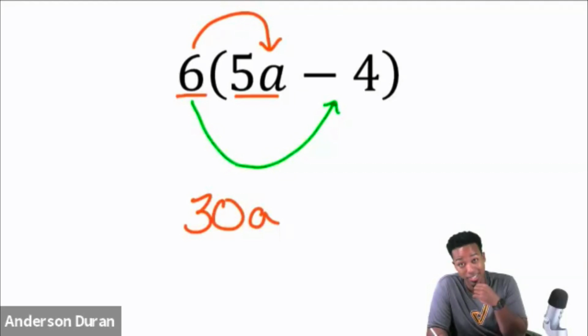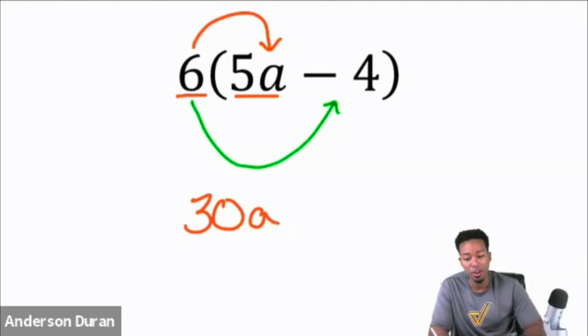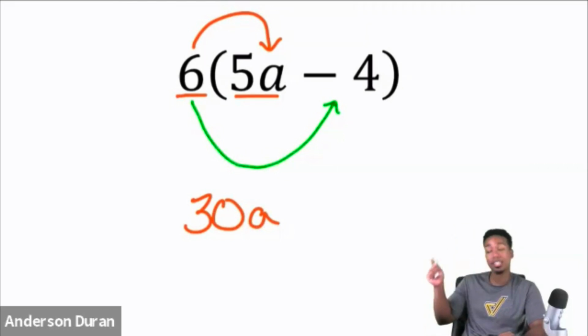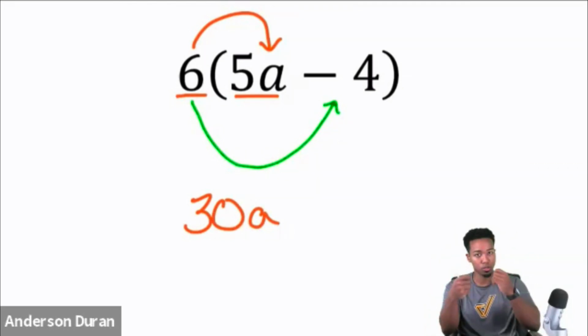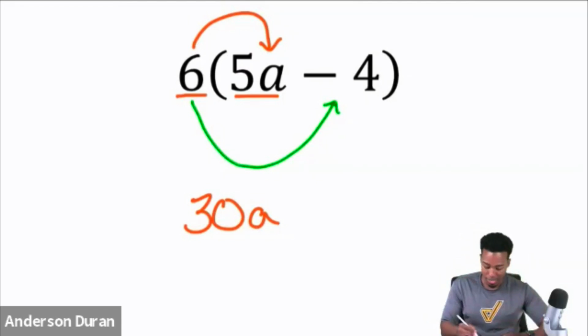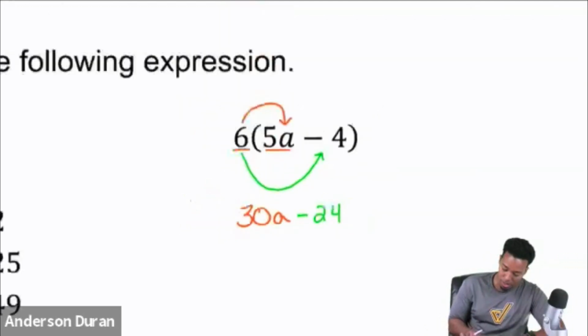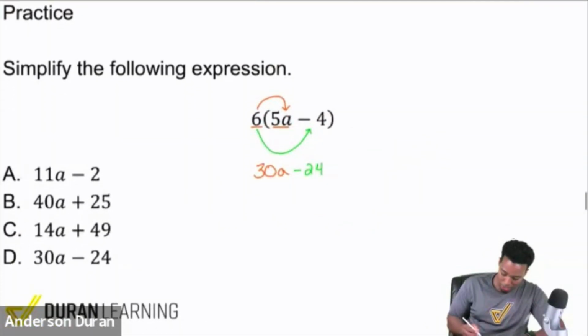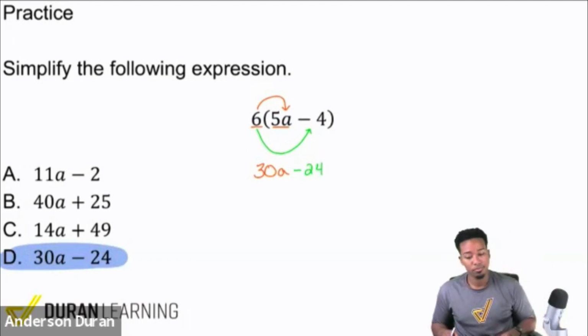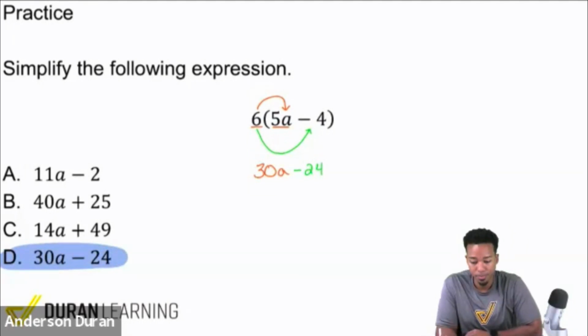It's going to be negative, subtracting. Because what we have here is a +6 and a -4. The rule is if you are multiplying opposite signs, always negative. And 6 times 4 is 24. So 30a minus 24 gives us an easy peasy one here. D. And there it is.